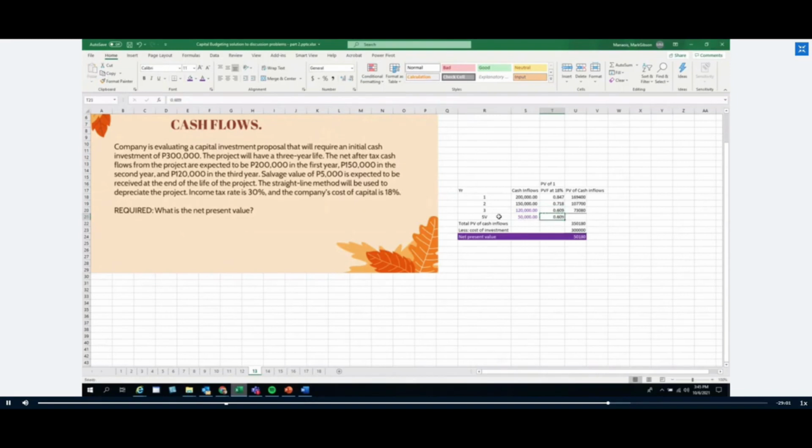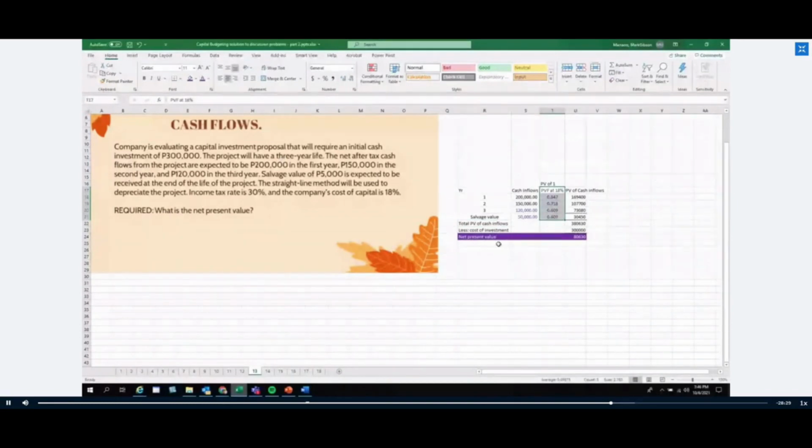Kasi nga towards the end of the life. So, ganun pa rin naman yung mako-compute natin. Okay? So, the net present value, lagay ko to salvage value. Tandaan class, ha? If it's an uneven cash flow, so meaning it varies yearly, we now need to use the present value of 1. Yun lang ang naging difference nito, no?